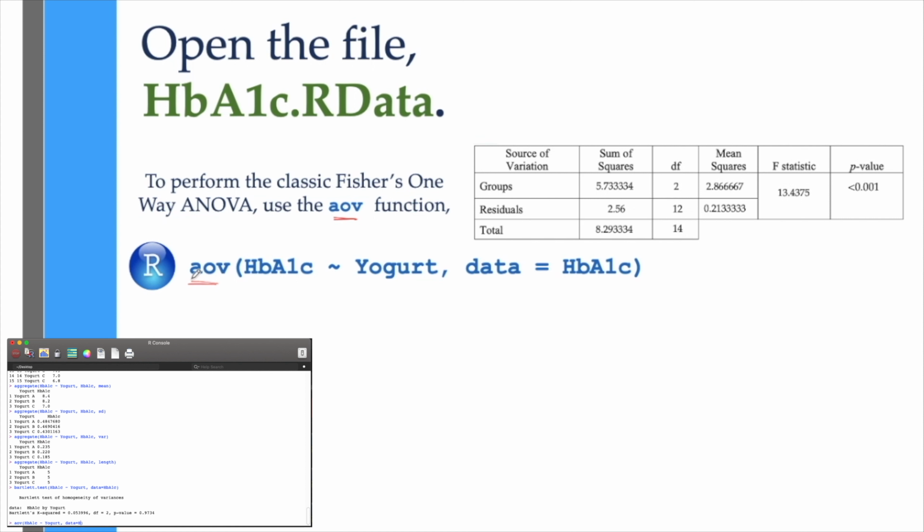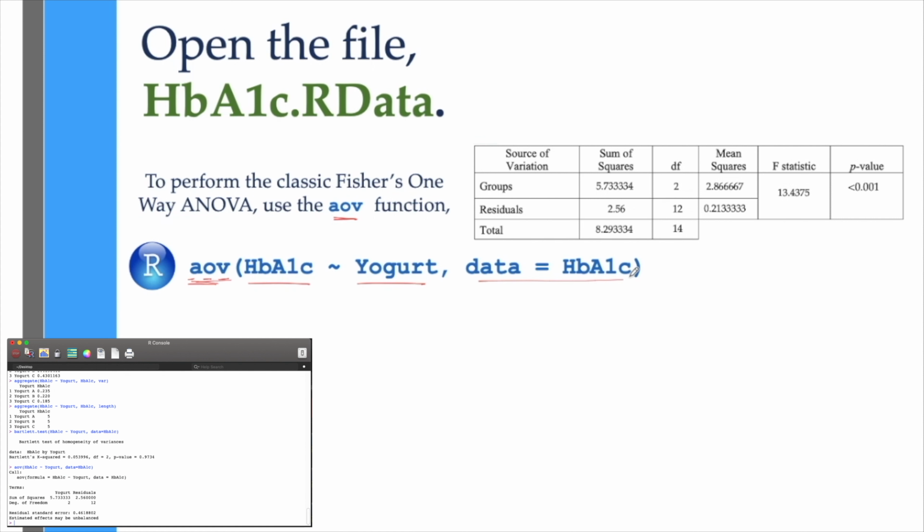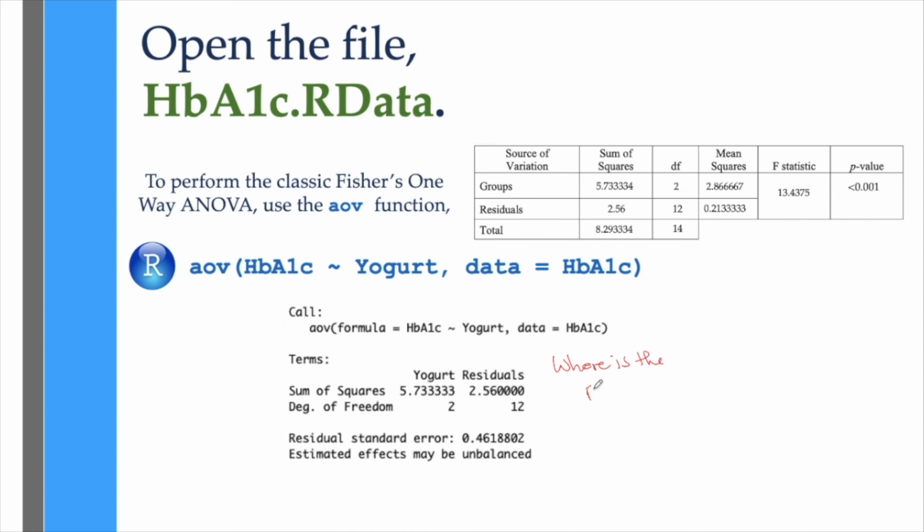So aov stands for analysis of variance. So aov and then still hba1c, tilde, yogurt, then the data, in which we're going to have this result. However, as we can see, this result doesn't have the p-value. So we may not see whether we're going to reject or not the null hypothesis.